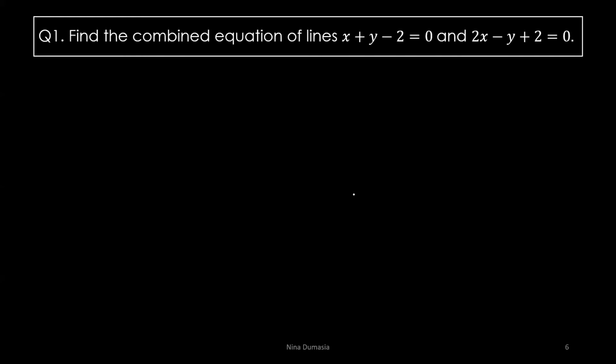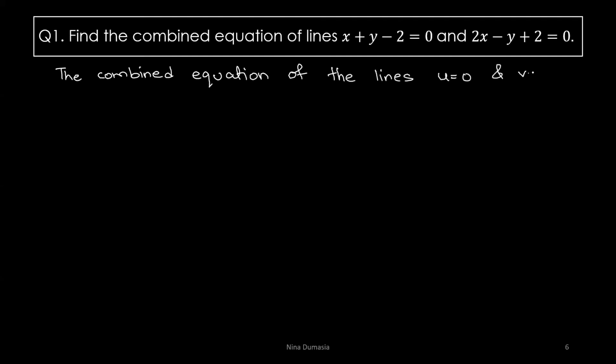Find the combined equation of the lines x plus y minus 2 is equal to 0 and 2x minus y plus 2 is equal to 0. तो यहाँ पे if you observe, ये जो पहला वाला part है this is u is equal to 0 and this is v is equal to 0. तो हम लोग ना ये questions में usually ऐसे लिखते हैं that the combined equation, क्योंकि ऐसे formula directly तो नहीं लिख सकते तो हम एक statement लिखते हैं formula के नाम पे, that the combined equation of the lines u is equal to 0 and v is equal to 0 is uv is equal to 0.